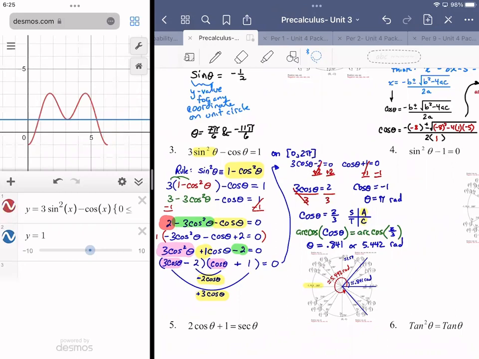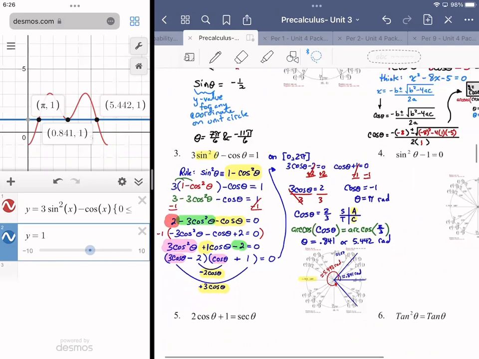Then it'll only graph the relevant part of the function. The horizontal line I don't really care about, because once I truncate the curve, any intersections are necessarily part of the interval. Now I just tap on those intersections, and we get it all straight away. Pi, 0.841, and 5.442.